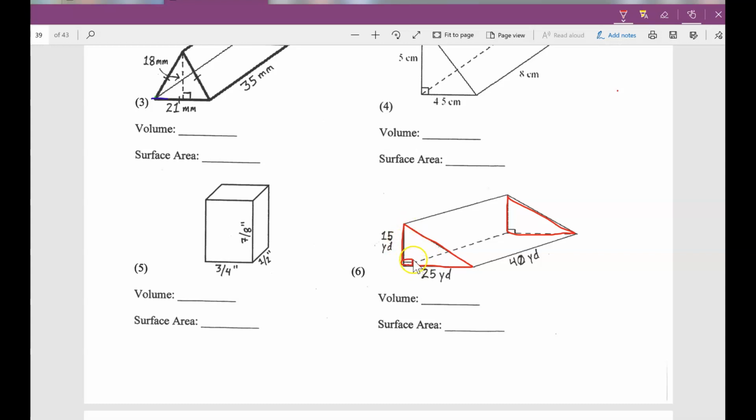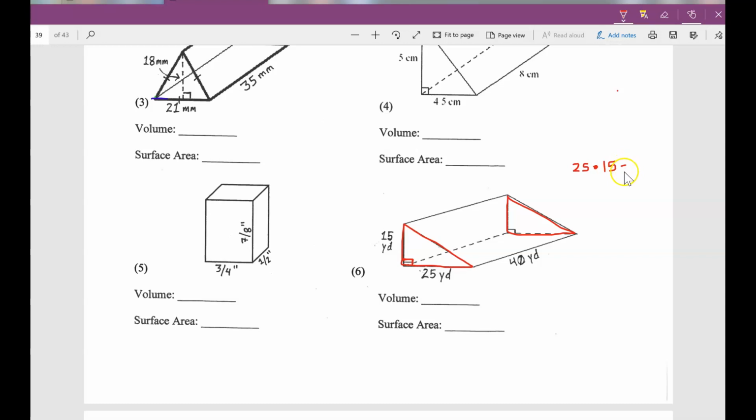Well, we need to go how wide it is left to right, multiplied by how tall it is bottom to top. Width times height. So we have those two measurements. We have 25 for our left to right width, and we have 15 for our bottom to top height.